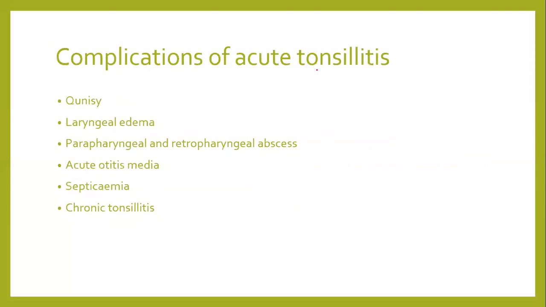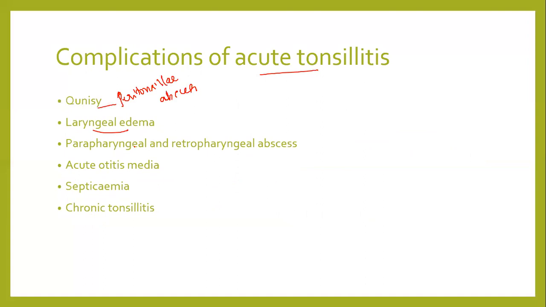Complications of acute tonsillitis. Quinsy. If the infection is not treated well, it can cause severe abscess formation in the peritonsillar area. So this is called quinsy or peritonsillar abscess. Then laryngeal edema, parapharyngeal and retropharyngeal abscess. So pus formations can extend into the pharyngeal spaces.